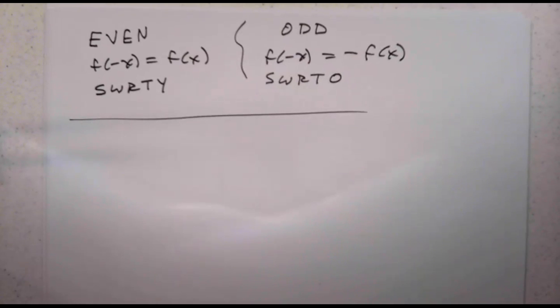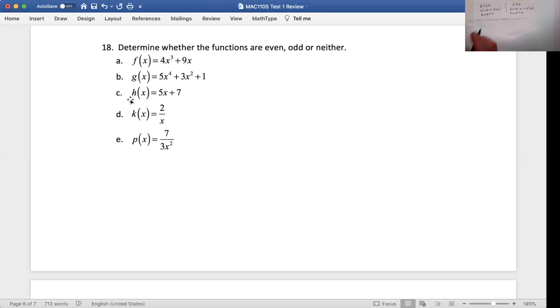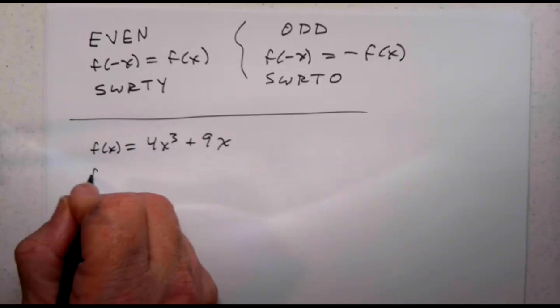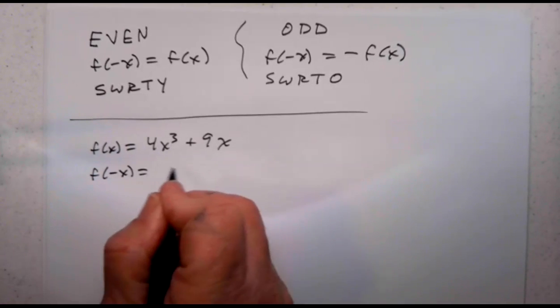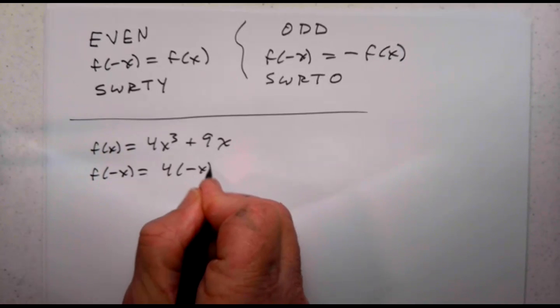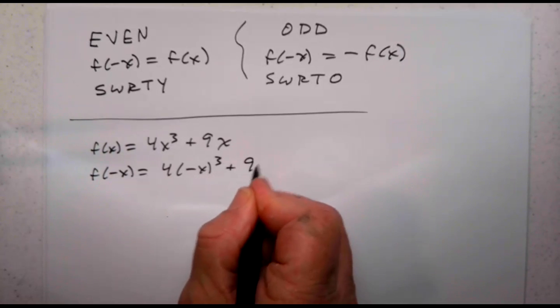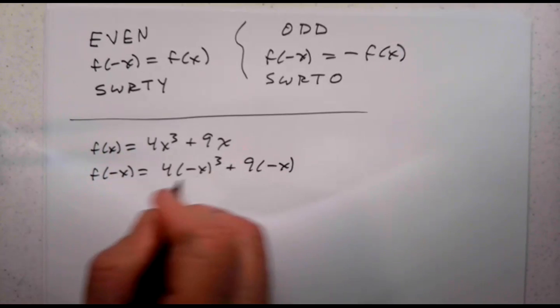So our first function is f of x equals 4x cubed plus 9x. We look at f of negative x is what we have to look at. So what is f of negative x? 4 times negative x cubed plus 9 times negative x.